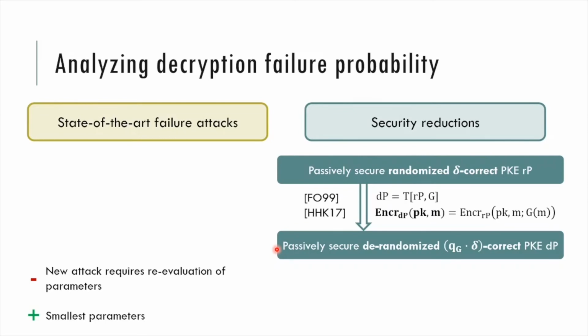Hofheinz, Hövelmanns, and Kiltz prove that the resulting scheme is then a QG times delta correct public key encryption scheme, where QG is the number of queries made to the random oracle G that is used to de-randomize the scheme. Using this proof makes the parameter choice independent of new attacks. However, it also leads to larger parameters compared to the first method.